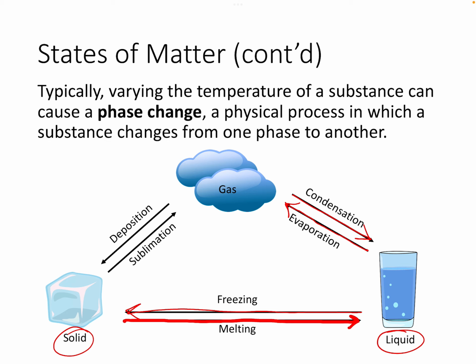So you're probably very familiar with evaporation, condensation, freezing, and melting, but you can actually skip the liquid phase entirely in some cases and go straight from a solid to a gas, or vice versa. So a really good example of this is dry ice.